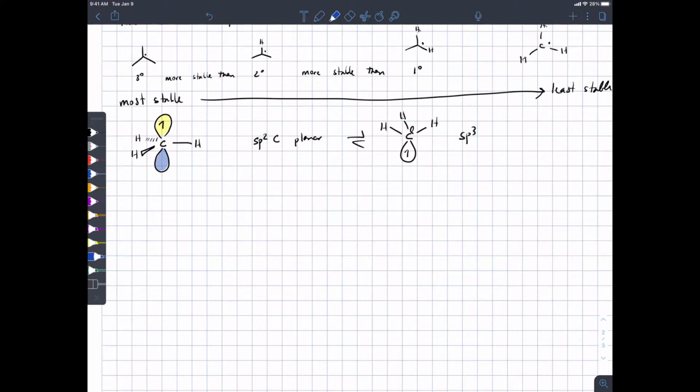That's not really important for our discussion. For everything we're going to do, you can think of radicals as though they are sp3 hybridized. But it's possible for the hydrogens around the periphery to flap upwards and downwards, and it's pretty easy for radicals to do.